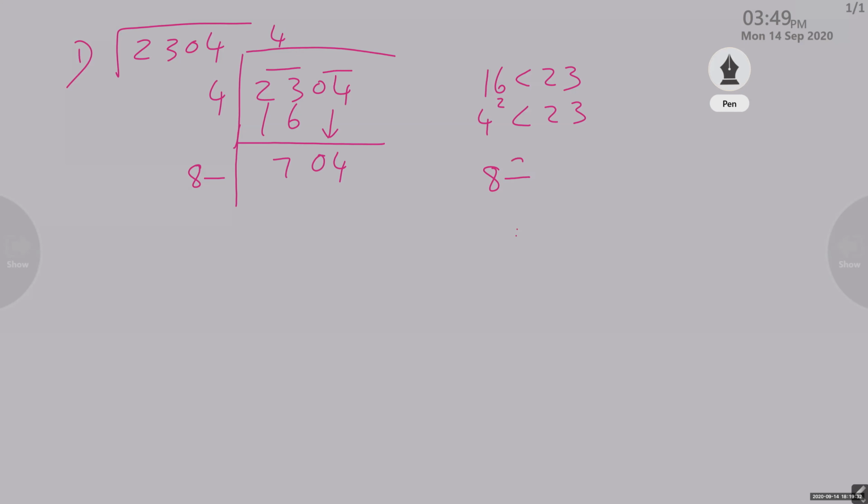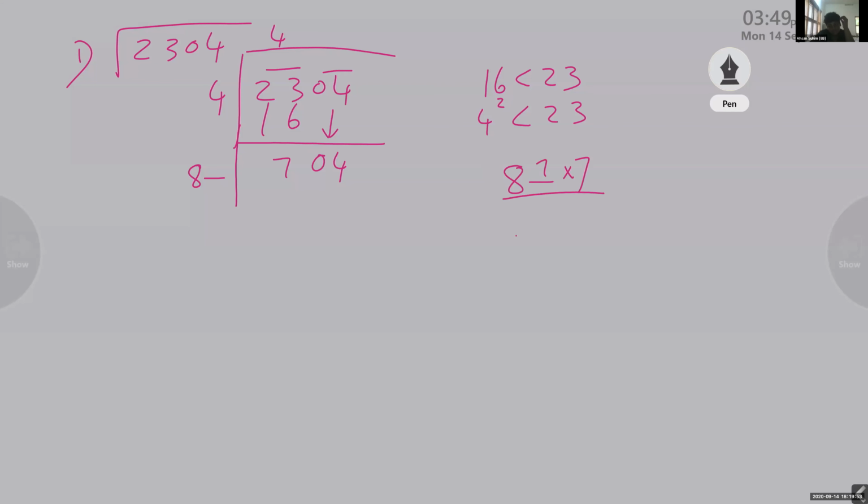If we write 2, we multiply by 2 and get 16. No, 2 won't come because it is 704. Try. When we write 7, 7 sevens are 49.